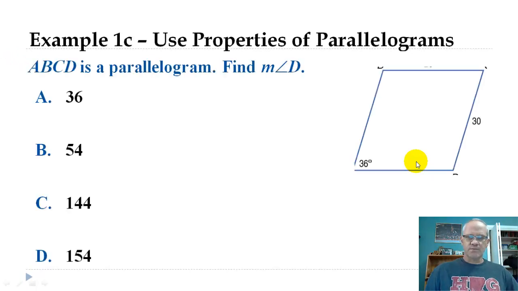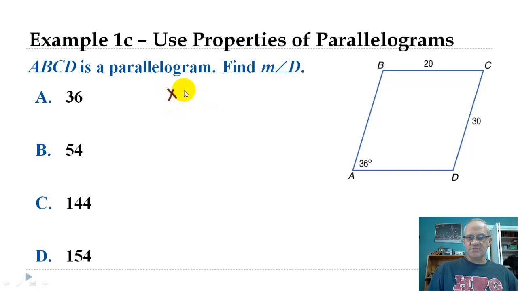Okay, how about this one? Angle D. Now angle D is down here. So now we're saying, okay, what do I do here? I don't have anything across from it to make it equal to. But I do know this 36, and I know any two angles that are consecutive, right next to each other, have to equal 180 degrees. So in other words, we're just going to call angle D x.